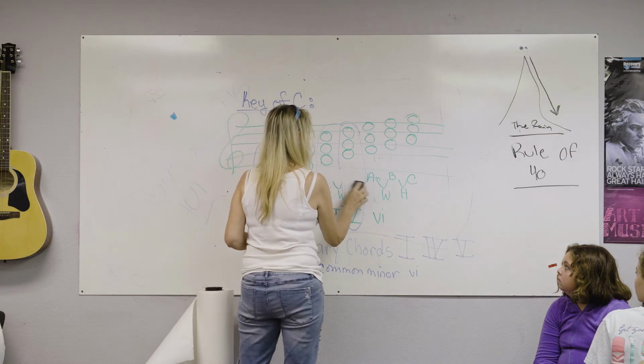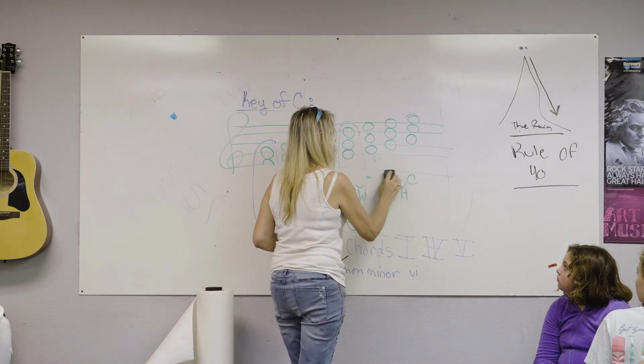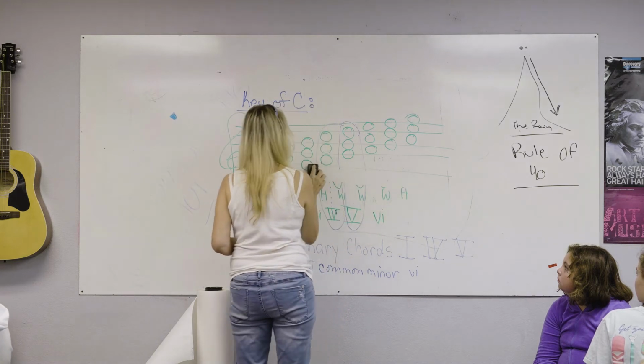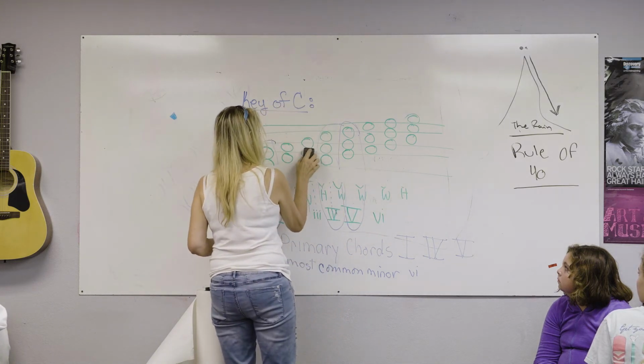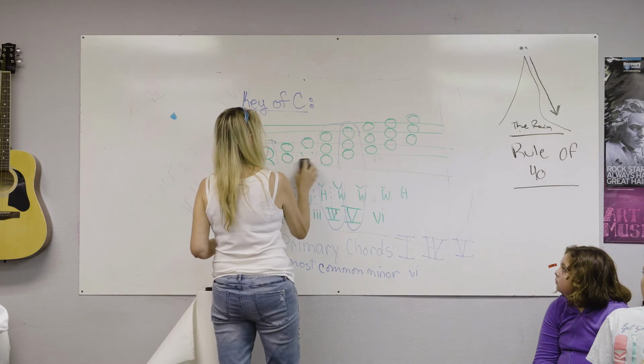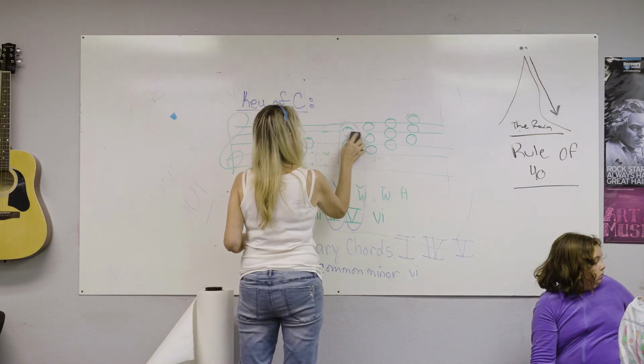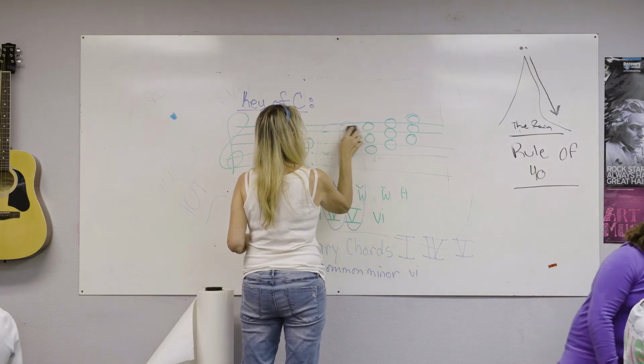Because as long as I know these two chords, I can pretty much do over 100,000 songs, no matter if it's the right key for me or not. I can switch it. So get your pencils out, and we are now going to have to start on a G scale.